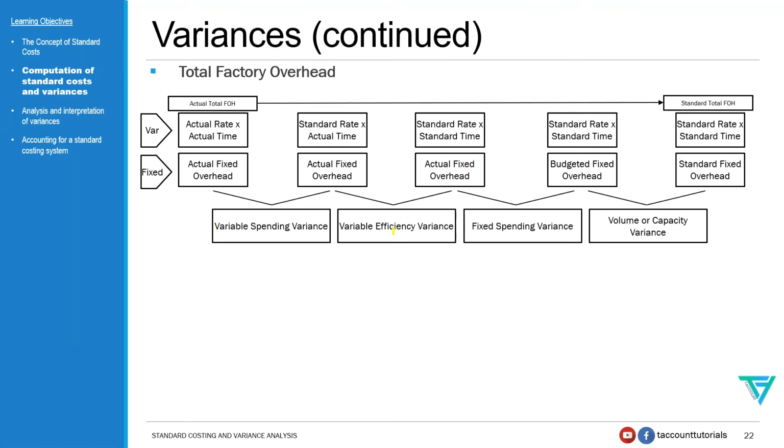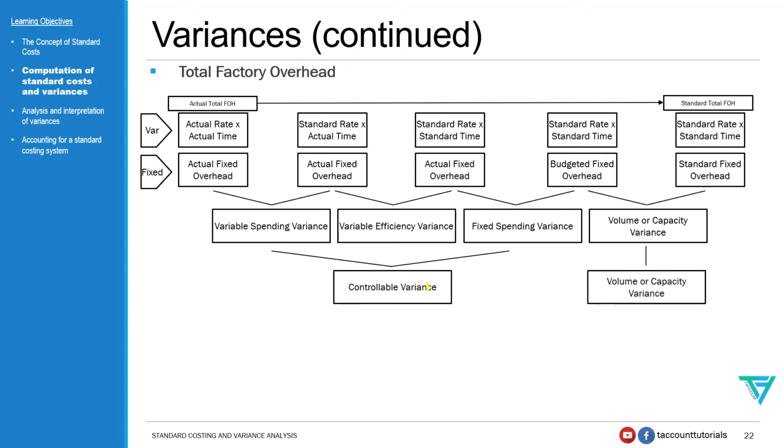Okay. Now, if we go further, we could add these first 3 items together to arrive at the controllable variance. And then we could just bring down the volume or capacity variance as is to provide further analysis, right?